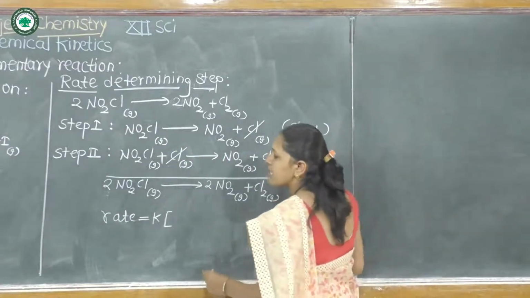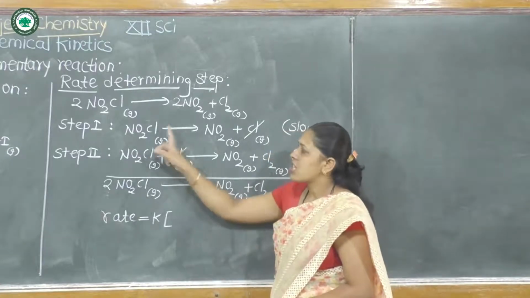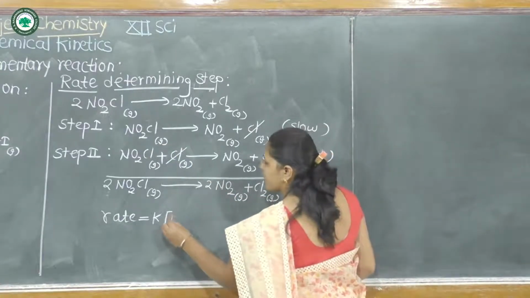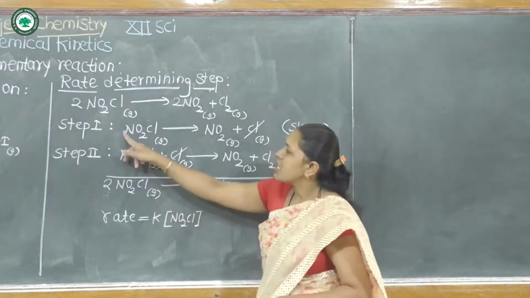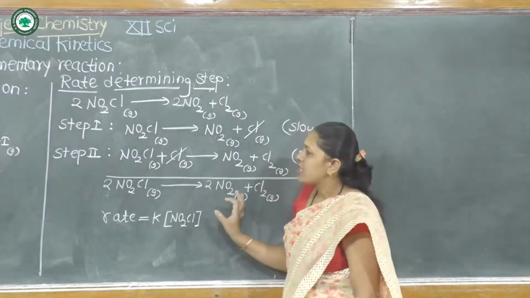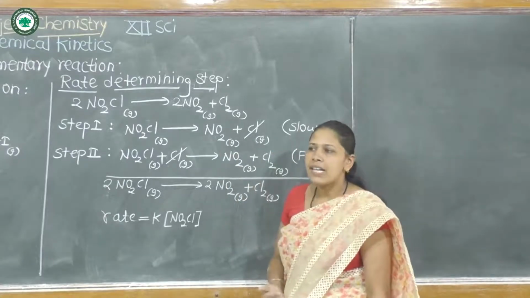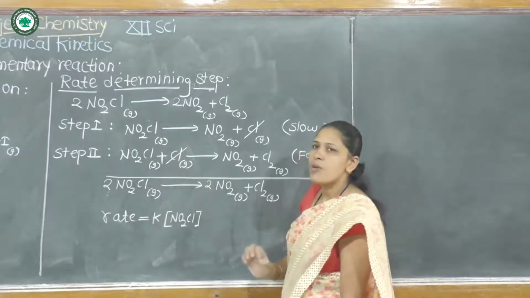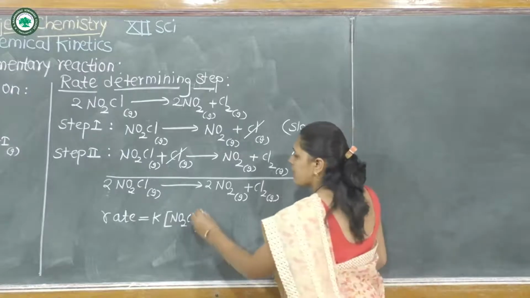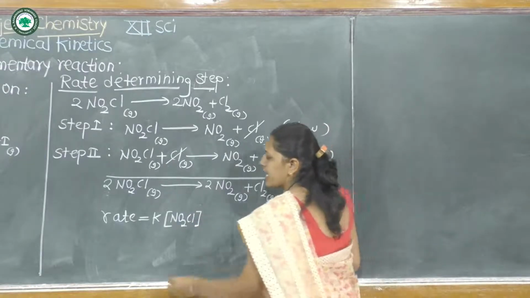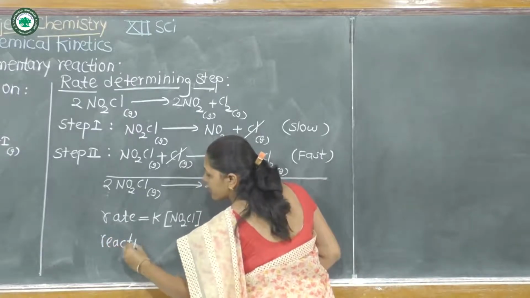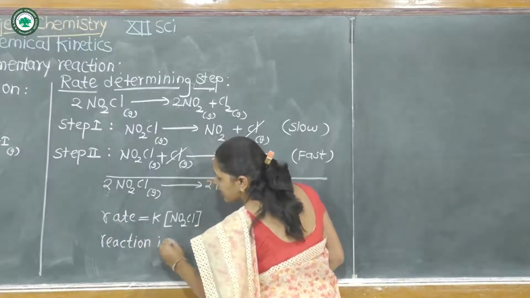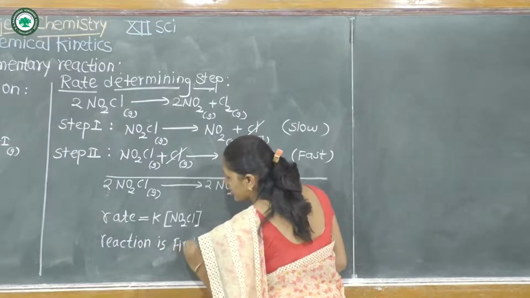Therefore, the rate of this reaction depends on the concentration of only nitryl chloride, NO2Cl, whose coefficient is 1. For this slow step, we can directly write the rate law from the stoichiometric equation. Therefore, the power is 1, and hence the reaction is first order.